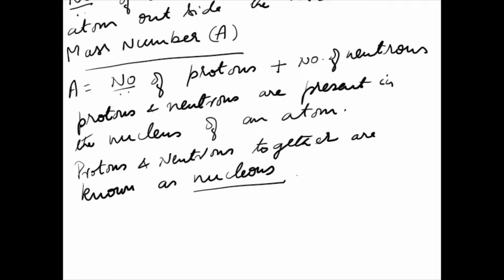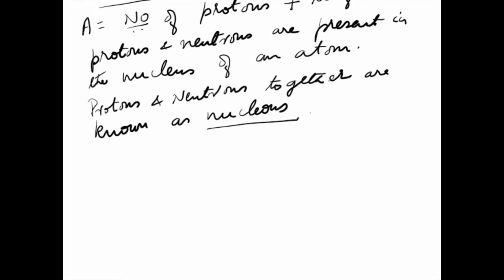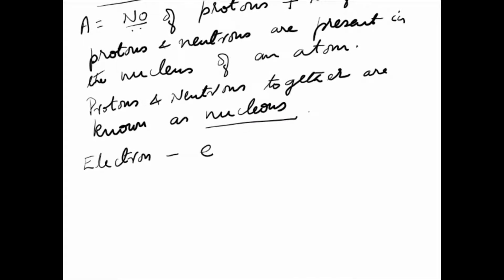What are the symbols that we use for these subatomic particles? Electron is represented by e minus.